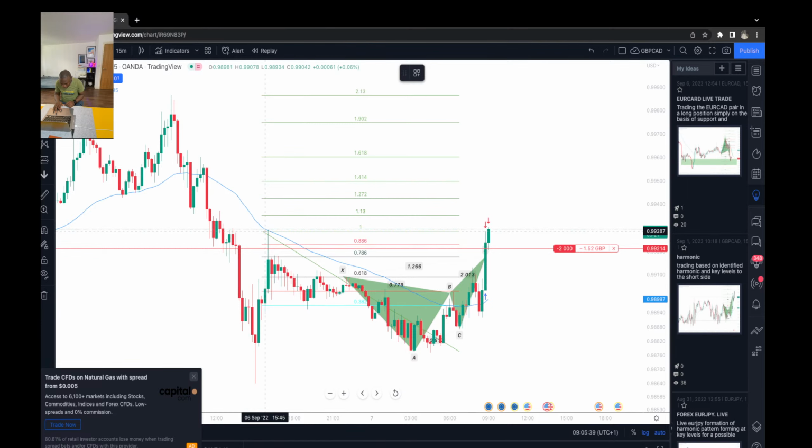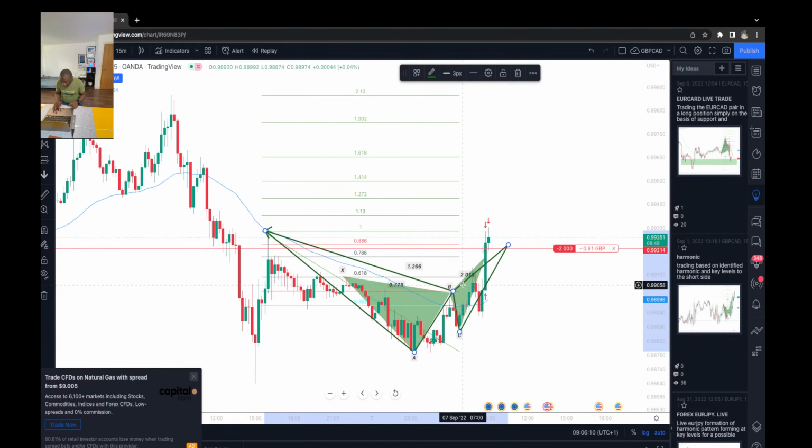X to A to B at 50% retracement, B to C has to be at a minimum of 3.82, and then C to D. Because price hasn't had any reaction here, this pattern might not be valid, I'm afraid to say.